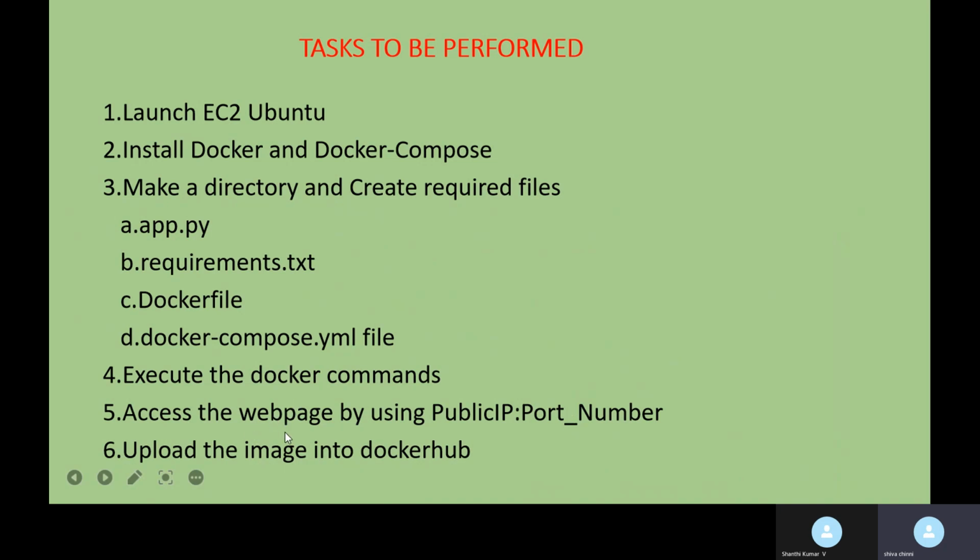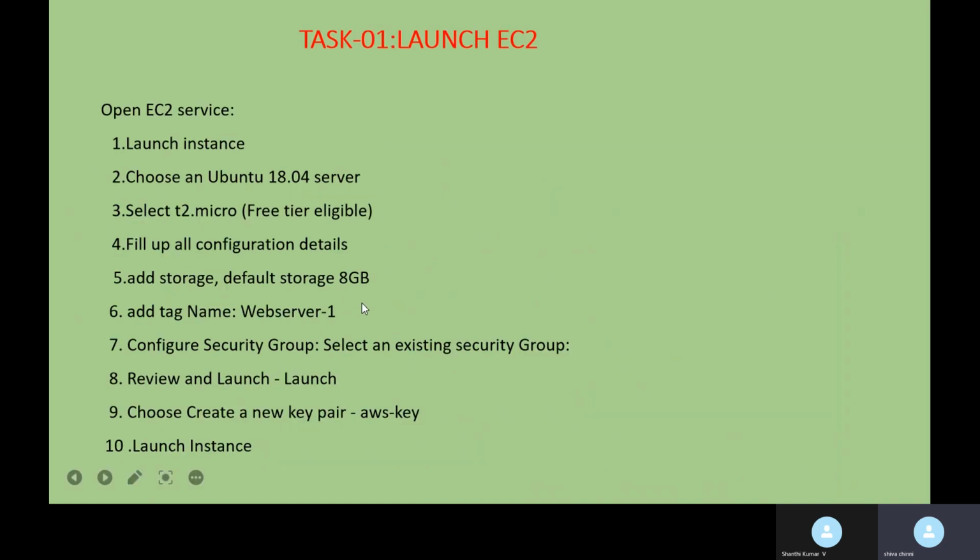At last I need to upload the image into Docker Hub so that another developer can access that Redis image from the Docker Hub by using the credentials. So let's go to our task one.